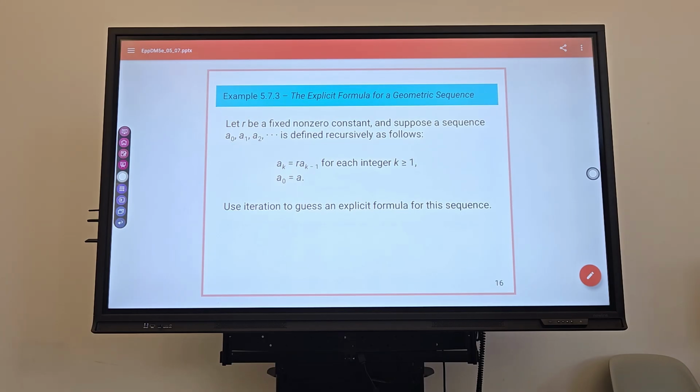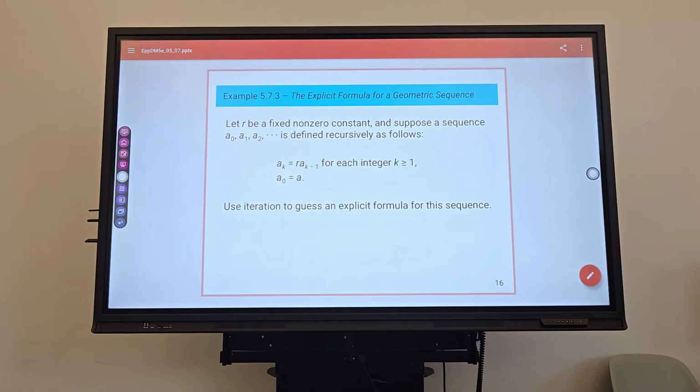Let R be a fixed non-zero constant, and suppose a sequence A is defined recursively as follows. A sub 0 equals A, and A sub k equals R times A sub k minus 1.